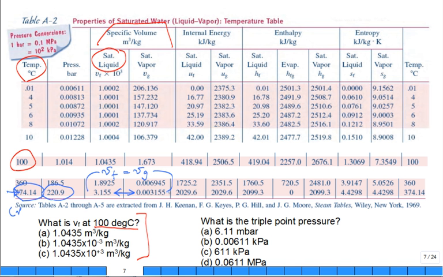True? Are they the same? They are the same. So that helps you interpret the meaning of this header right there, V sub F times 10 to the 3. So what it says is they took the physical value of V sub F, multiplied by 1,000, took that result and stuffed it in a table. So when you want the value out of the table, you take the physical value out of the table, let's say 3.1555, and don't multiply by 1,000, divide by 1,000, or multiply by 10 to the minus 3.